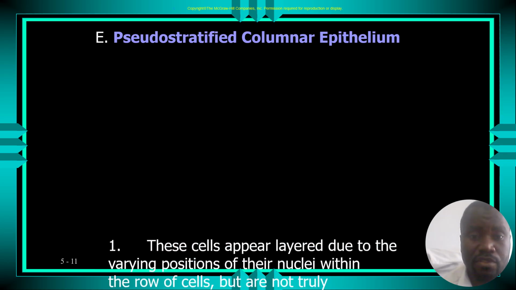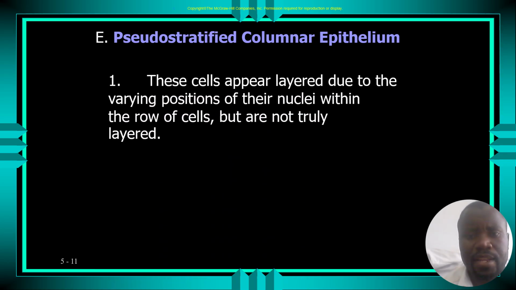So simple columnar. We go to the pseudostratified columnar. Remember, we said pseudostratified means that it's fake, it's a copy of stratification. It's just one layer of cells, except some of them are taller than the others. So the appearance histologically exhibits that there are several layers instead of one.